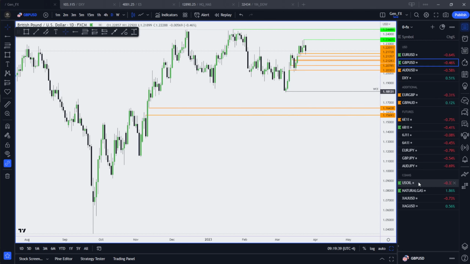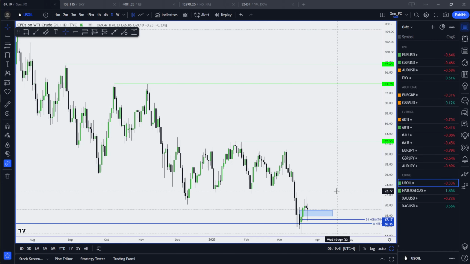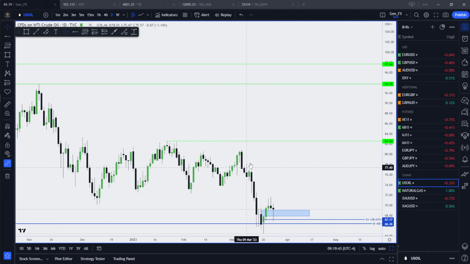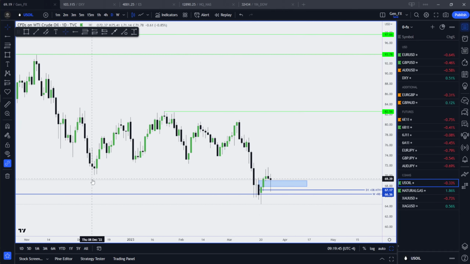Now, US oil is also something I really like, because if you go back to the previous video again, what we are looking for is this side to be taken, and then I wanted to see some indication that indeed we are moving higher. So we got that this whole week. Last week was building this confirmation for me that we are going higher.